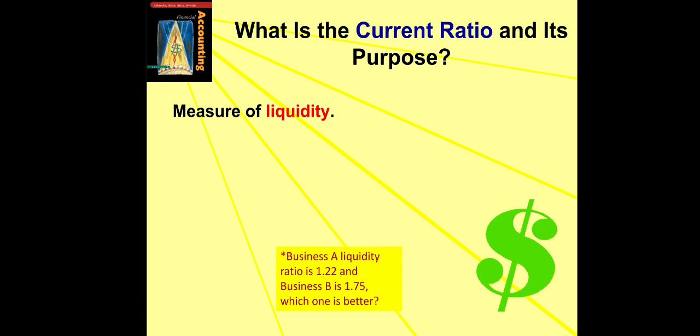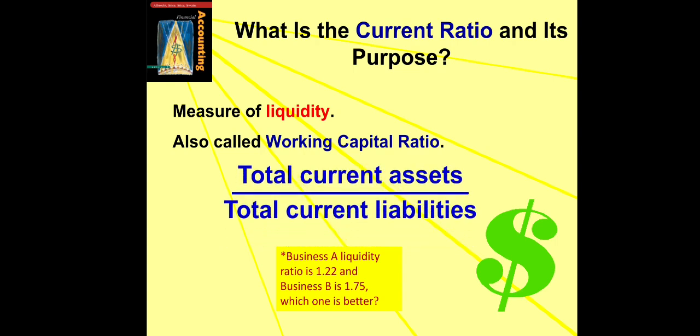So you will have short-term debts. Current ratio can be used to measure the ability of a business to pay its short-term debts. This ratio is also called the working capital ratio.